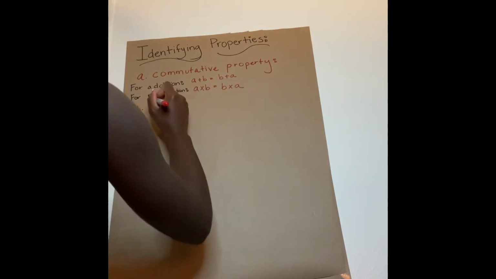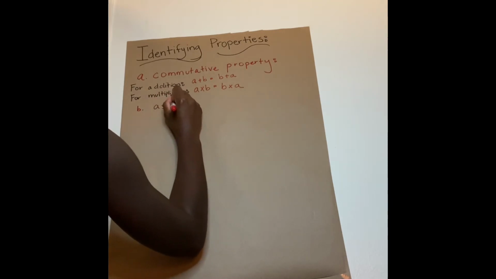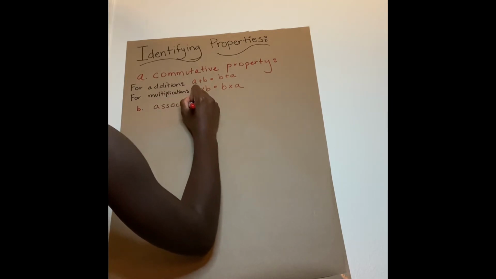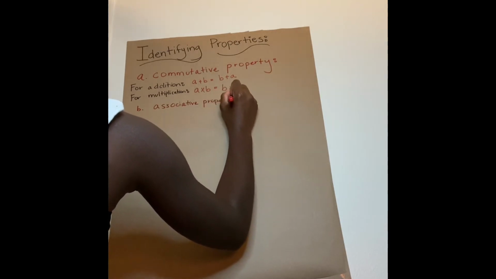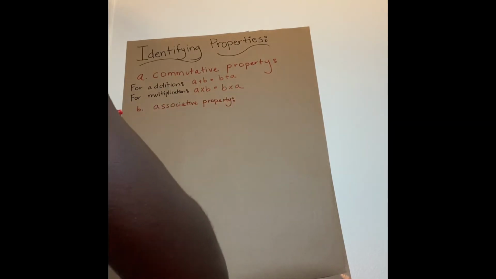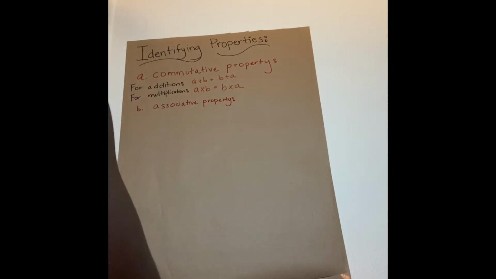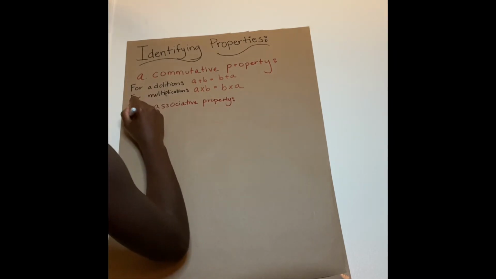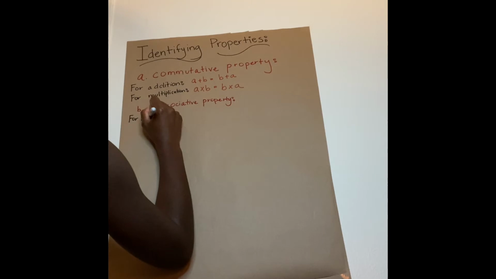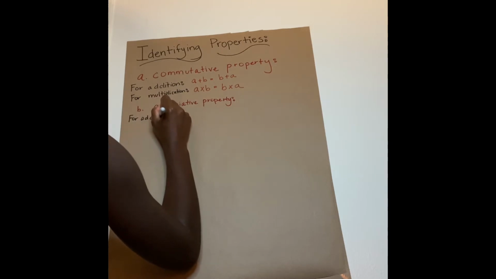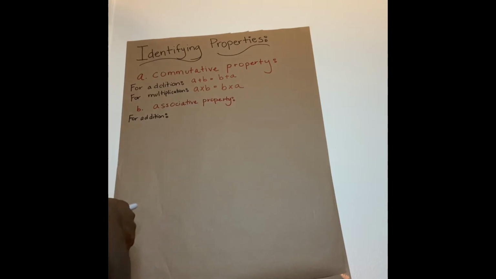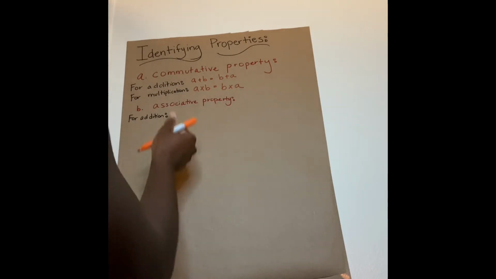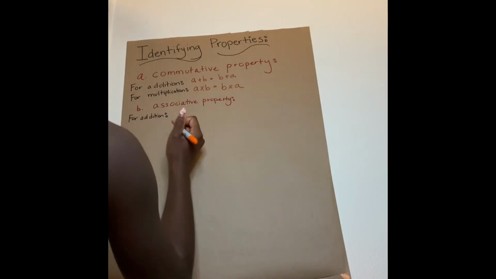The second property we'll be talking about is the associative property. So the associative property states that when three or more numbers are added, the sum is the same regardless of the way in which the numbers are grouped.